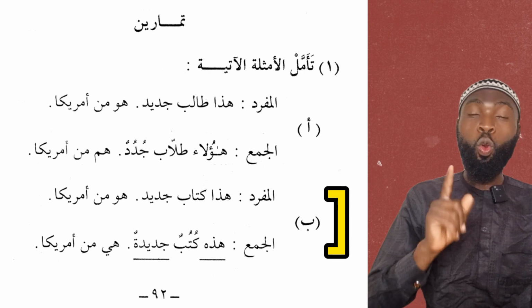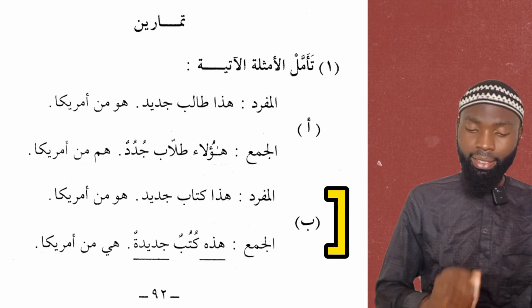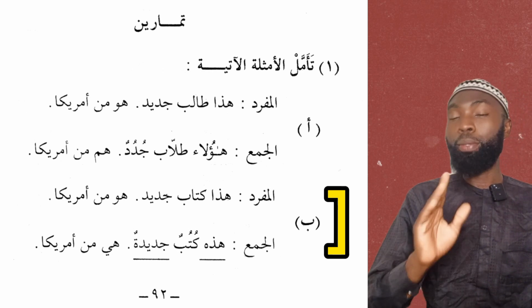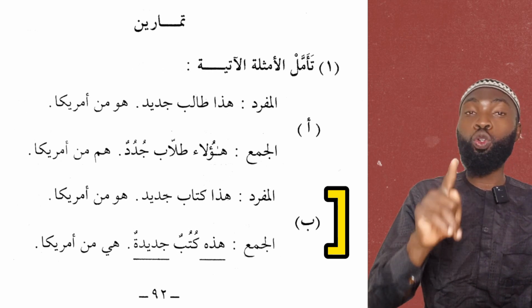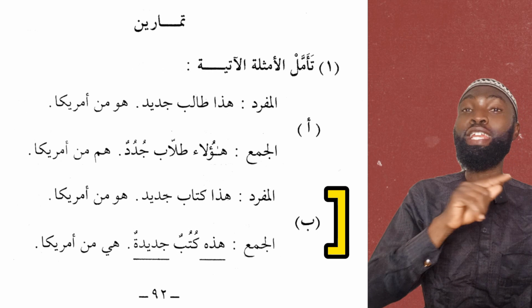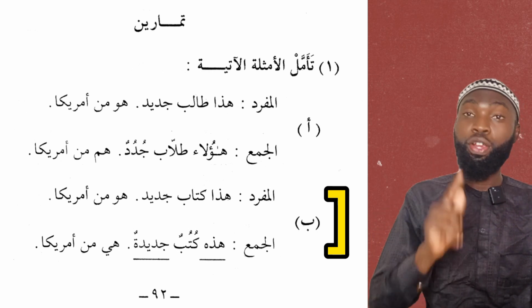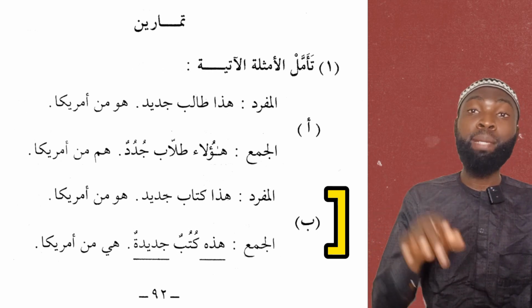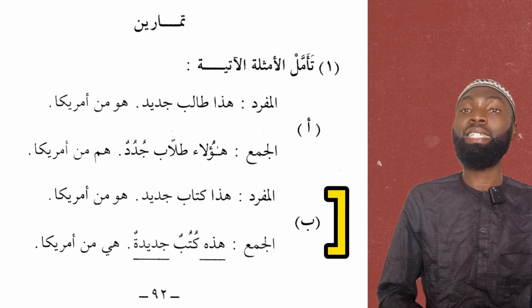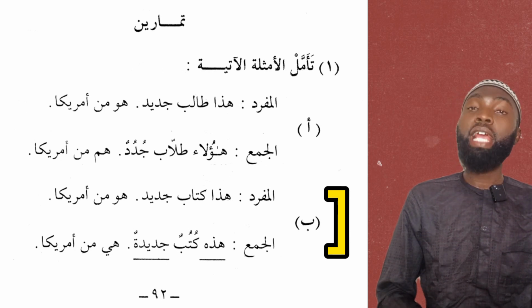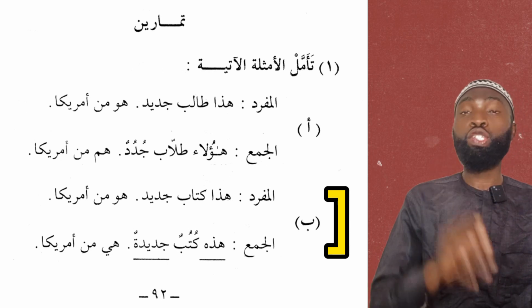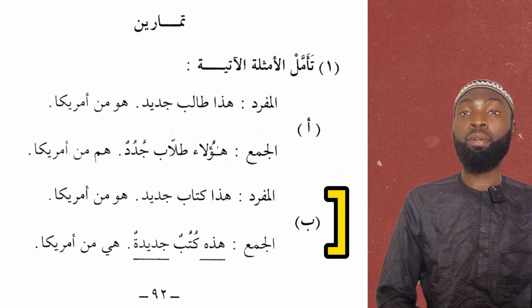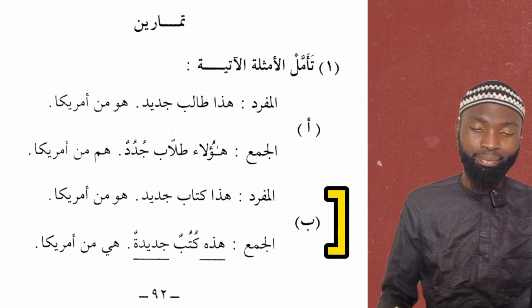Huwa min Belgica, it is from Belgium. Al-jam'u, coming to the plural of this book, we have hadhihi kutubun jadidatun. These are new books. We do not use haula'i, we use hadhihi for plural books, because plural books are non-intelligent nouns. Hiya min Belgica, they are from Belgium. So hiya is also used for plural irrational nouns.